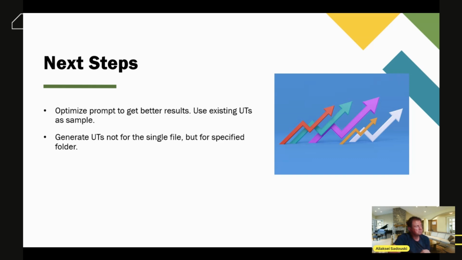Also, we can update the product to generate unit tests not for a single file, but for example, for the whole folder. And finally, we can try to check the quality of the tests by launching the test framework. That's all. Thank you.